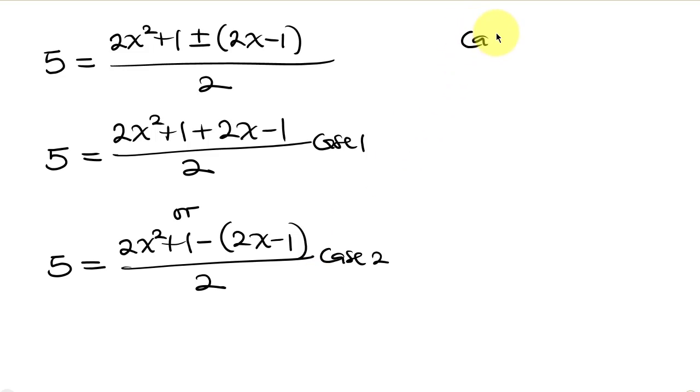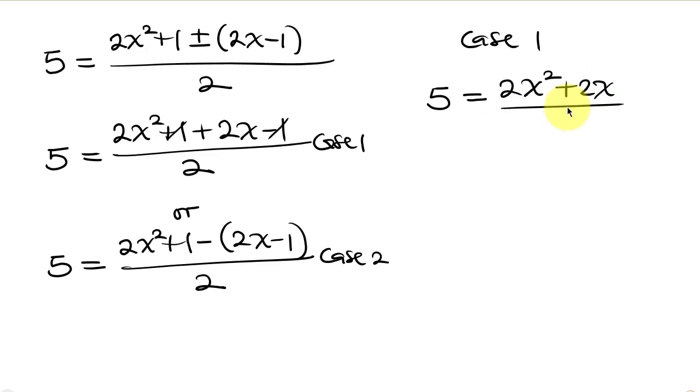So we start with case 1. So for case 1, let's simplify what we have here. Now notice that 1 minus 1 will be gone. So I have 5 to be equal to 2x squared plus 2x remaining all over 2. See that 2 is common on the numerator.